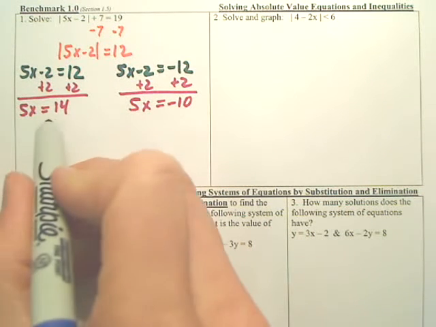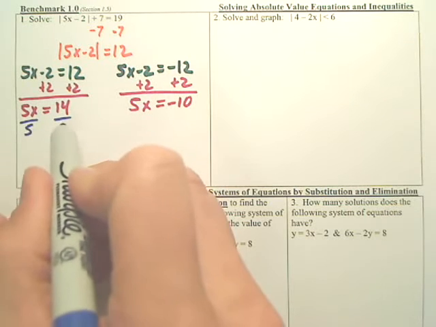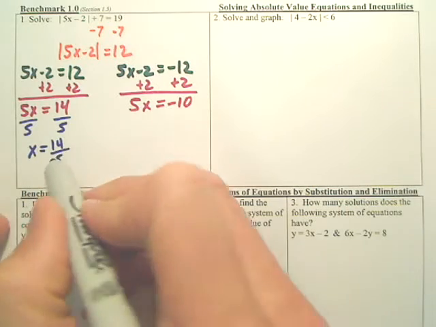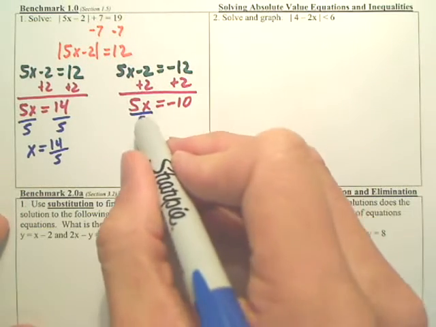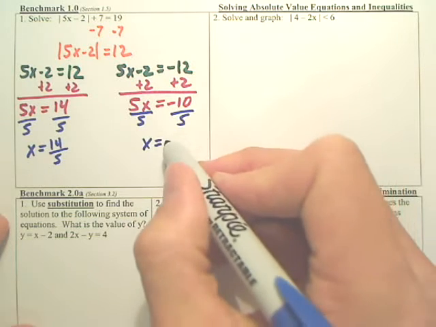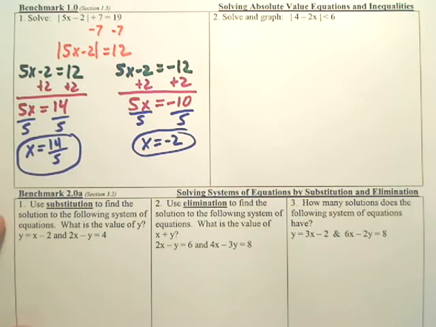And this one, we divide by 5. So we have x equals 14 over 5. And over here, we divide by 5. So we have x equals negative 2. Those are my 2 answers. Absolute values should always have 2 answers.